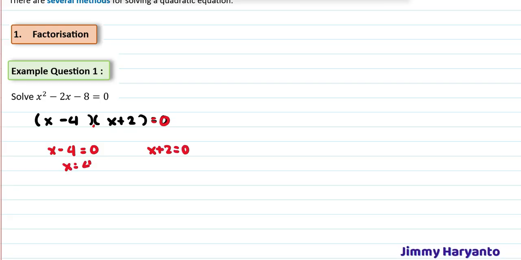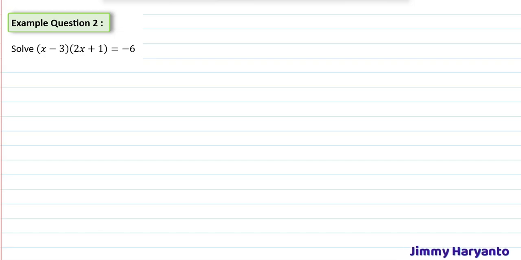So x will be equal to 4 and the other x will be negative 2, and the answer is x equals 4 or x equals negative 2. Yeah, okay, so this is the solution of the first example question.